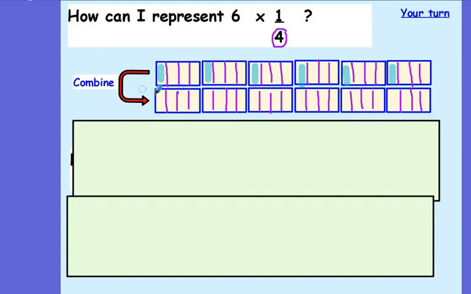Let's move them all along. So I've got 1, 2, 3, 4, 5, 6 lots of a quarter this time, which I could write as 3 over 2, or as you can see it's 1 whole and a half.